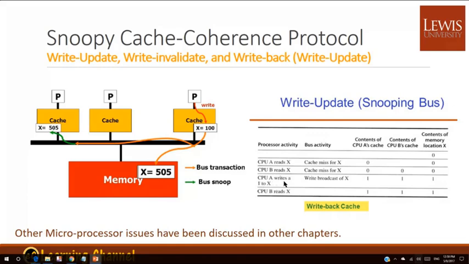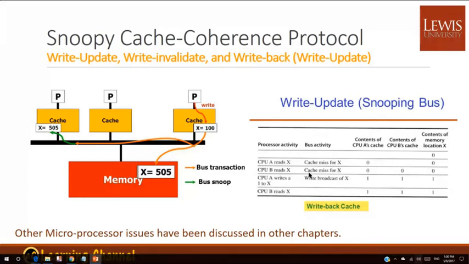And when CPU A writes a 1 to X, then we do a write broadcast of 1. Write broadcast is actually writing through to everyone, including your own location, other caches, and memory. This is called write broadcast. And when B reads X, you will read this one. So write broadcast is another term for writing and broadcasting to other caches.